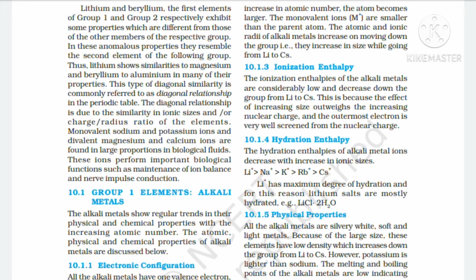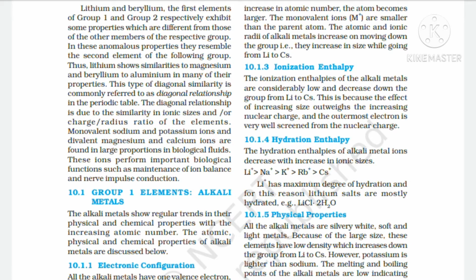Thus, lithium shows similarity to magnesium and beryllium to aluminium in many of their properties. This type of diagonal similarity is commonly referred to as a diagonal relationship in the periodic table. The diagonal relationship is due to the similarity in ionic size and or charge to radius ratio of the elements.